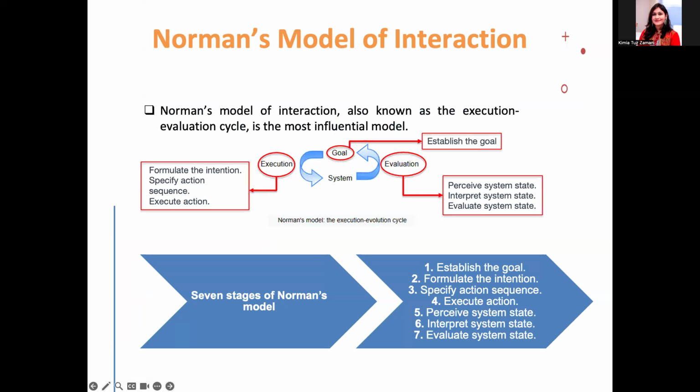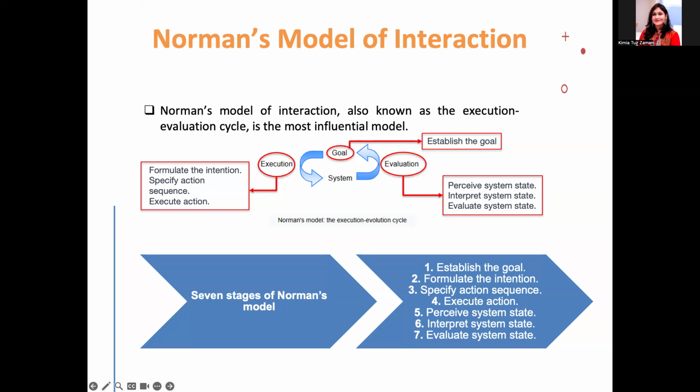Moving on, Norman's model of interaction is also known as the execution evaluation cycle. It is the most influential model so far. According to this model, the user first establishes the goal and then executes action to achieve the goal using the system interface.